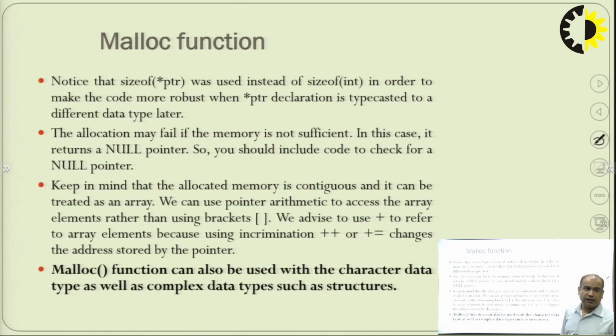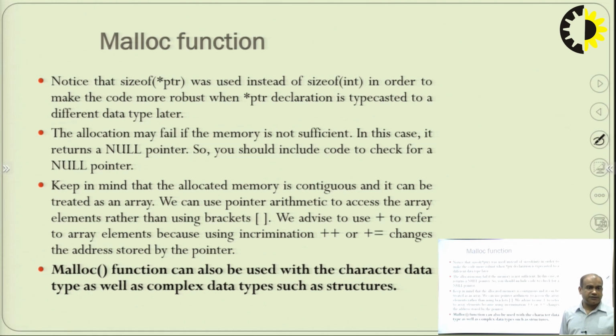Keep in mind that allocated memory is contiguous, so it can be treated as an array. We can use pointer arithmetic to access the array element rather than using brackets.